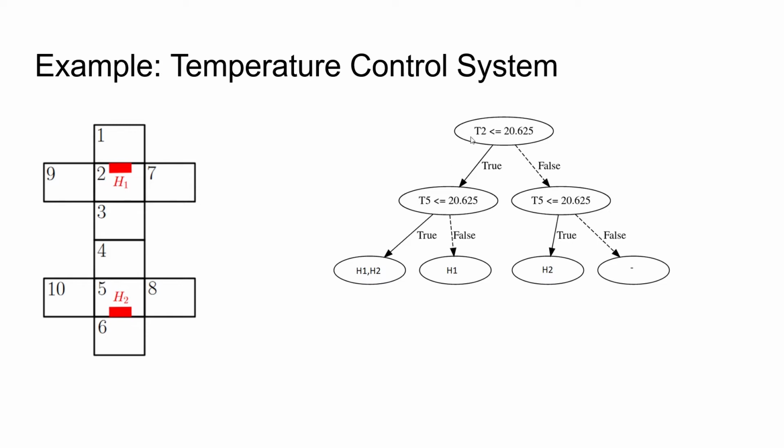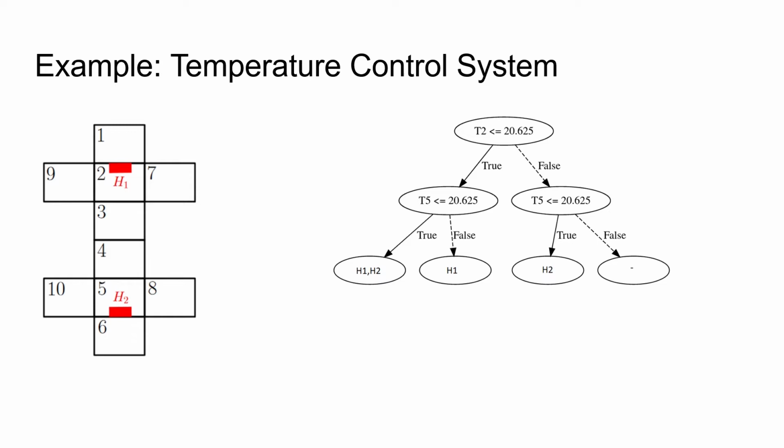If on the other hand room 2 is warm and room 5 is warm, then we don't turn on any of the heaters. If only one of the rooms is warm and the other is cold, then we turn on the heater in the respective cold room. And this is a safe controller for this system. It can be that simple.